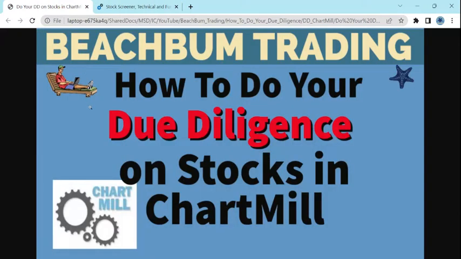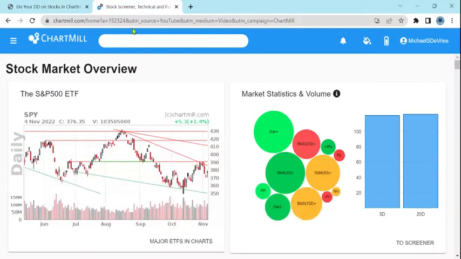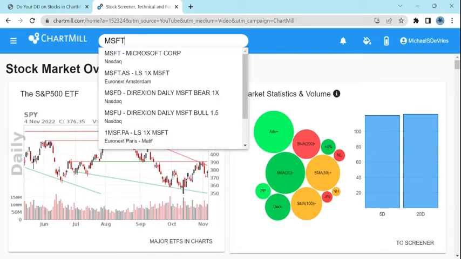Okay, to start your due diligence on a stock in ChartMill, once you're on the home page, you can see this big search bar. You can enter any ticker symbol in that search bar. In this example video, we're going to use Microsoft, so we can get a full range of all the different metrics and information in ChartMill.